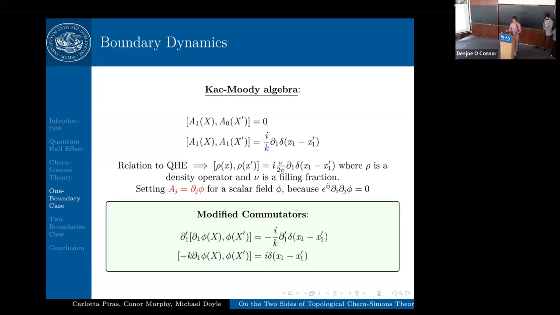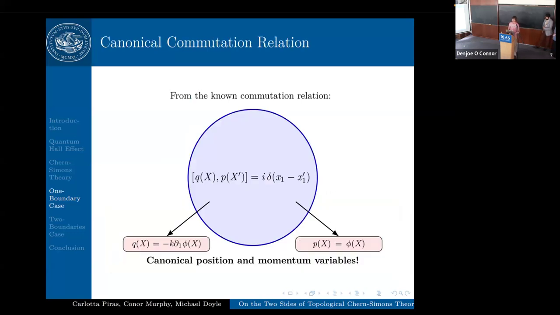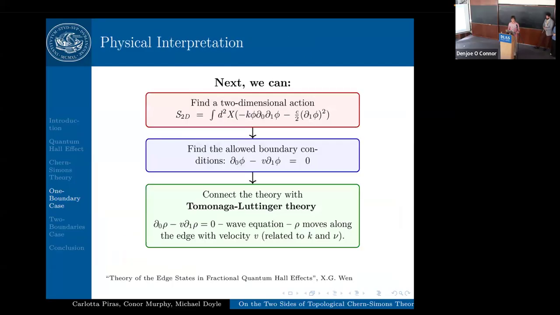And this is important because it enables us to identify the canonical position and momentum variables of our theory. So this is important because it is what gives us our physics on the boundary. And so from this we can move on and start having a look at some physical interpretation.